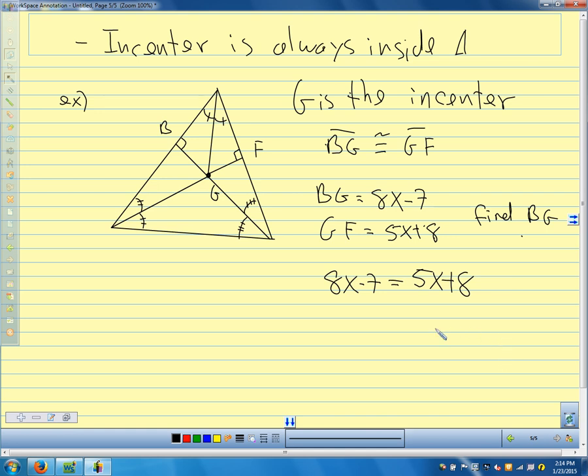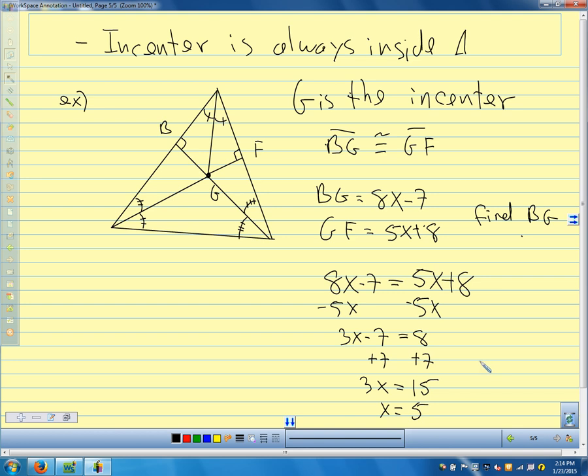And now we're set. We like this kind of problem, right? 3x minus 7 equals 8. So I get 3x equals 8 plus 7 is 15, and x equals 5. Are we done? No? Problem says find BG.